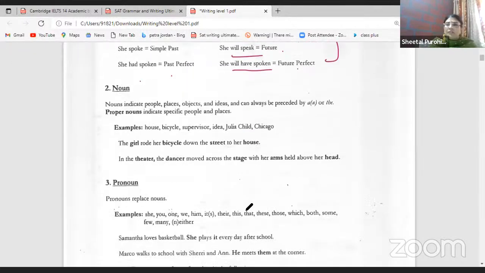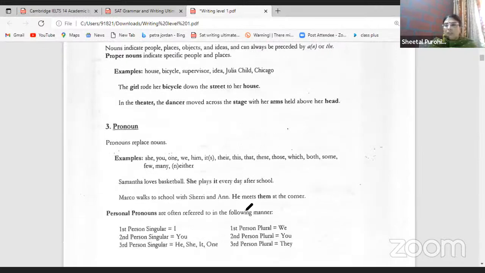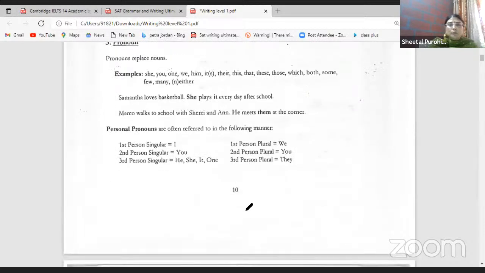Pronouns are the words which we use instead of the nouns. Now, all of you should make a note of the examples of the pronouns. Like here, these examples are given over here: he, she, it, they, them, one, those, both, some, this. Even if you learn them, they will help you to solve. You'll know these are the pronouns, right?